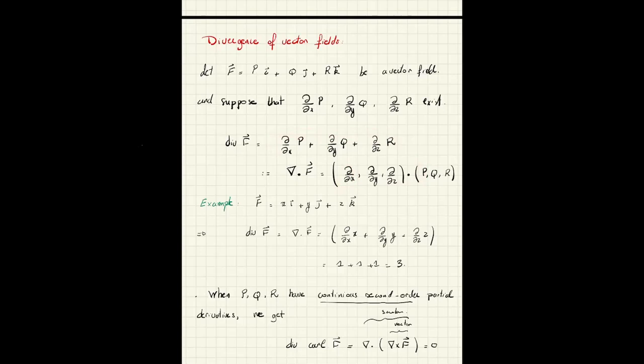When you write ∂/∂x, it means apply the partial derivative with respect to x to the function P. It's not a normal multiplication. So this is how it is done. Does it make sense? Okay, thank you.